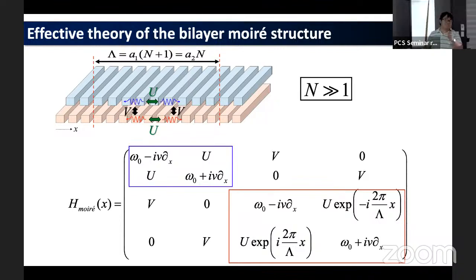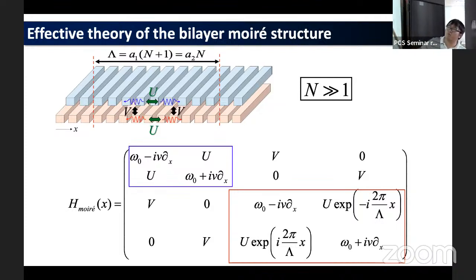This is very similar to the one I showed you before for the cone structure. The only thing now is that we need to work in real space to describe the 4x4 Hamiltonian, so kx is now replaced by minus i derivative with respect to x. And since the upper layer and lower layer are mismatched in terms of period, the local shift between the two gratings changes continuously in the regime where n is bigger than 1.